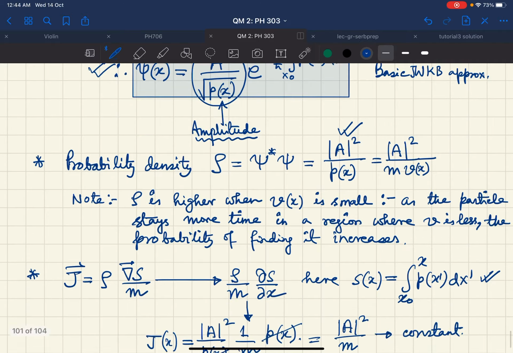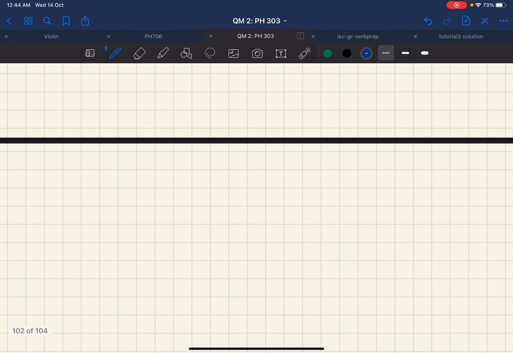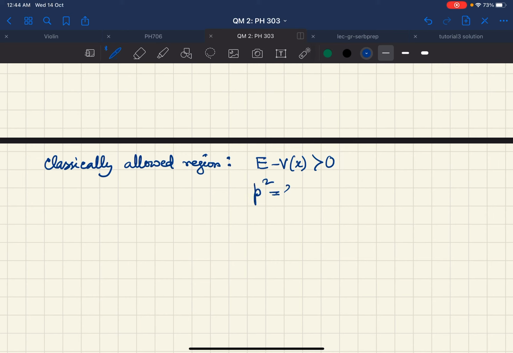and we can apply this to two different regions. One is the classically allowed region, that means where I have E minus V(x) to be positive, and there we know p squared can be written as h bar squared k squared, with k of x always positive.